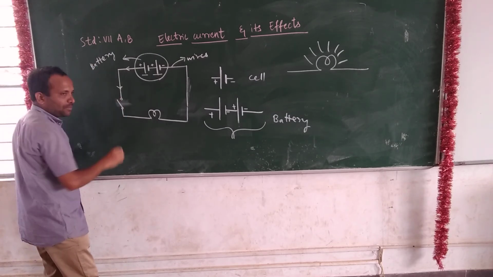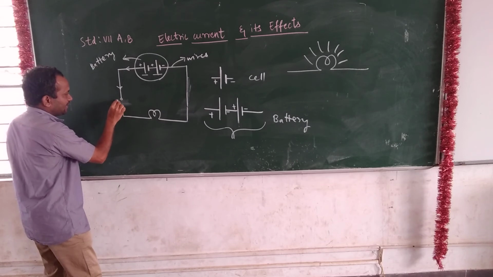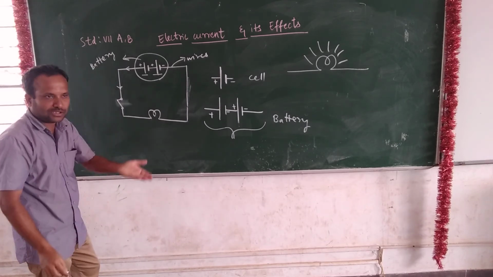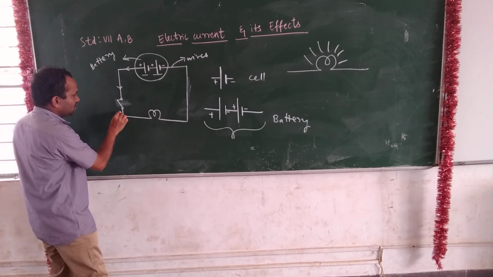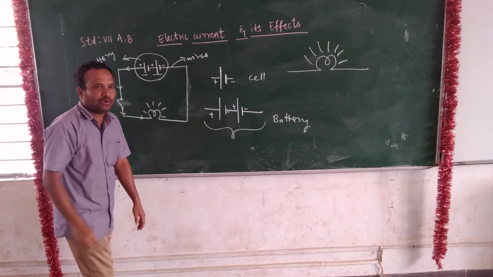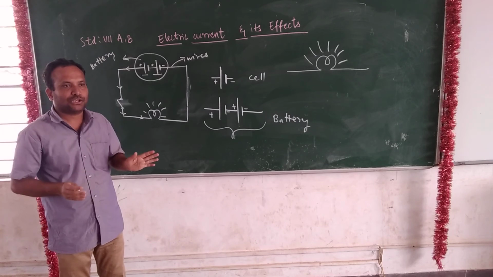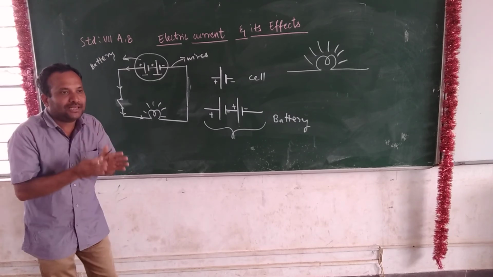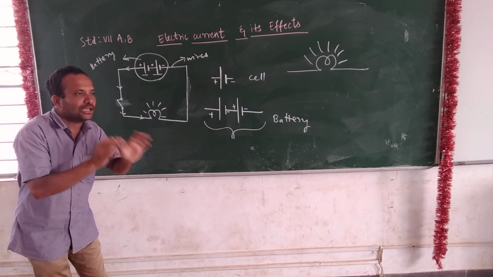Now this switch is open. I am going to connect this switch, that is, switch it on, so that the current flows and the bulb glows. If the bulb glows, we call it a complete closed circuit.